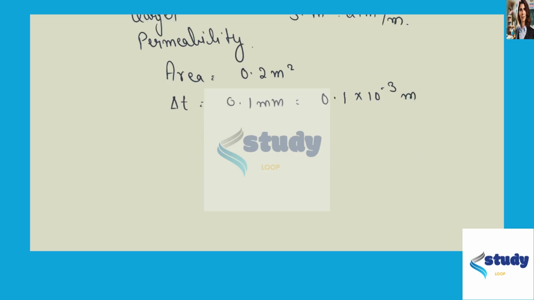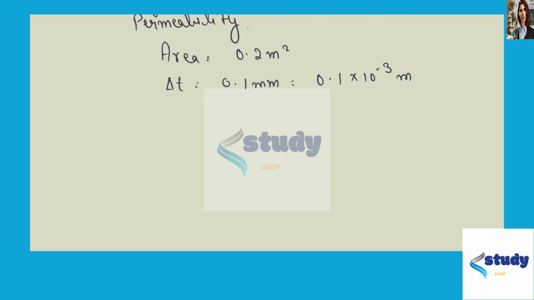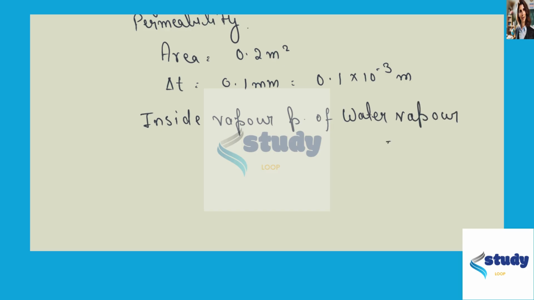So first we can find out the inside vapor pressure of water vapor, that is given is equal to 10 millimeter of mercury. So we can write in atm, that is equal to 0.01315 atmospheric pressure.